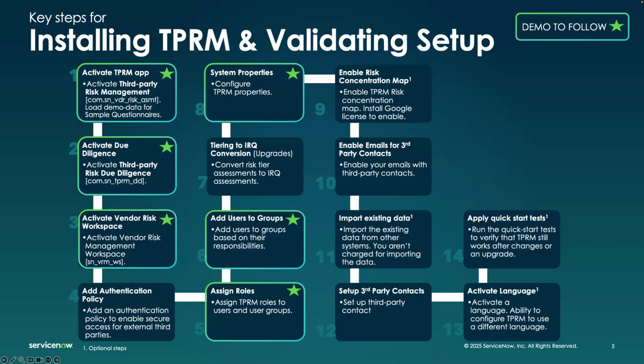You are not charged for importing external data to third-party risk management application when moving to ServiceNow third-party risk management application from an external system. Set up third-party contact, activate a language pack, run the quick start test to verify that TPRM still works after changes or an upgrade.